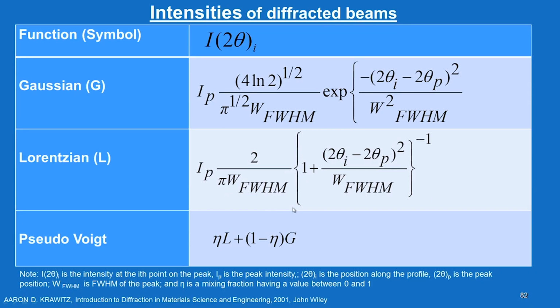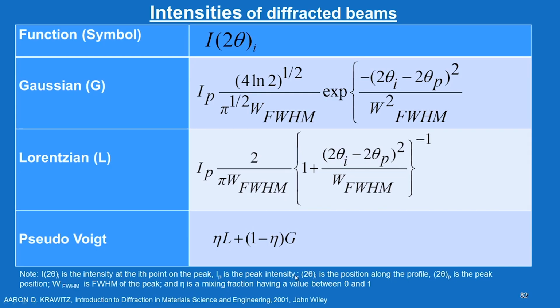I will not get into the details of this, but you should know the basic idea of fitting the X-ray diffraction peak and how it can be utilized. So, let us look at the meaning of the terms given in this equation. I of 2 theta i is the intensity at the ith point on the peak, that means any point on the peak.